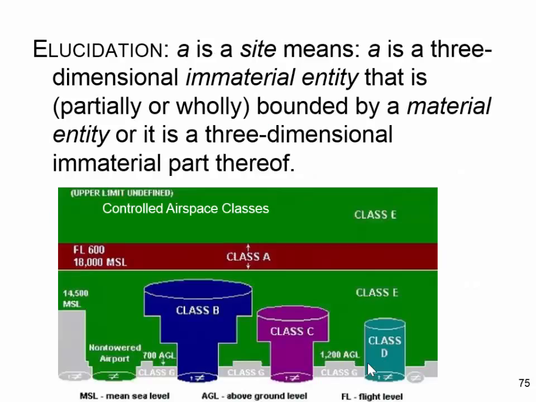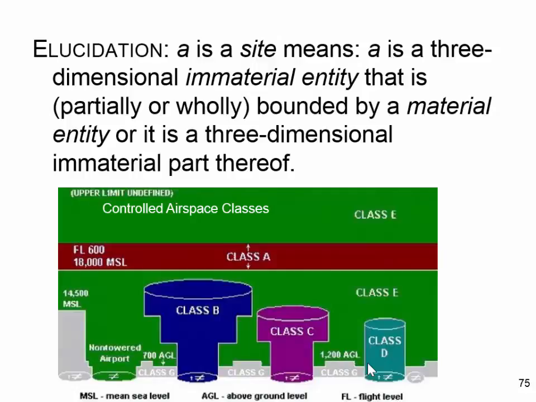Now, there are sites which have no physical boundaries of their own because they are created in relation to physical entities, material entities, which are at certain defined geographical distance from those entities. So good examples of these kinds of entities are controlled airspaces.